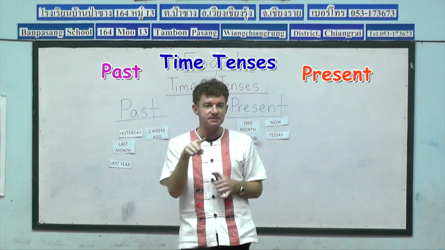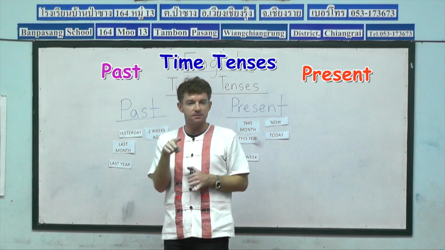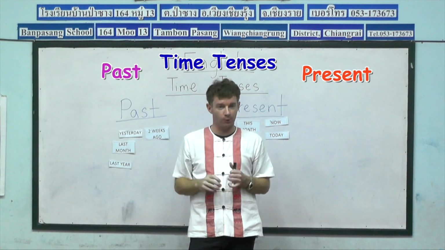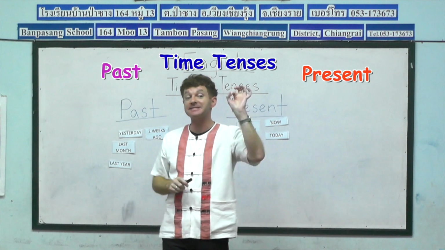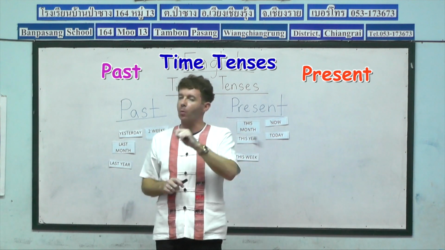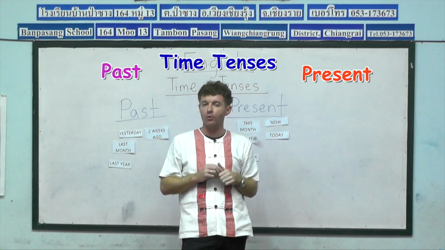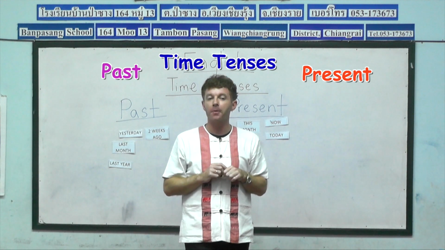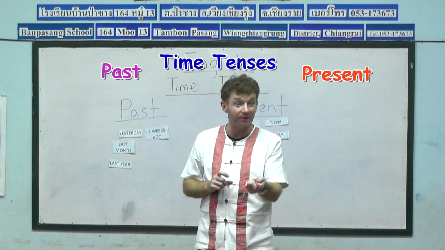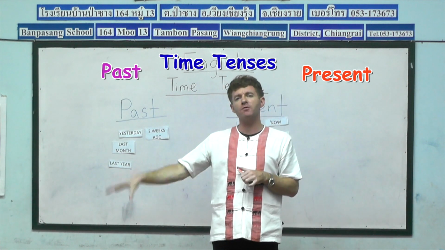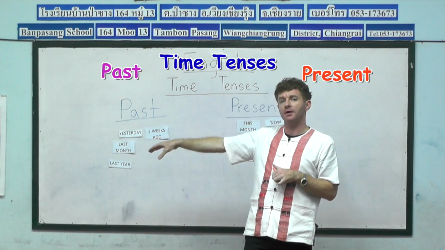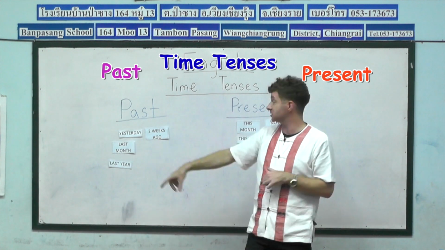It begins with S. Singular. Okay? One of something is singular. But what if we have more than one of something? Plural.